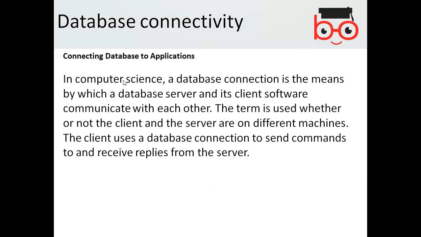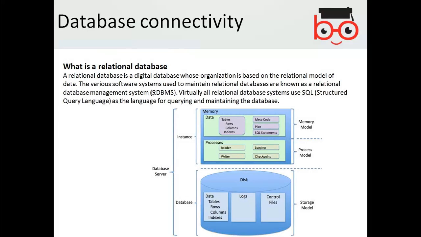As I explained earlier in the slide, a database needs to be connected with different kinds of applications. Probably you could access your database using a web form. Probably you could access your database using a computerized form.